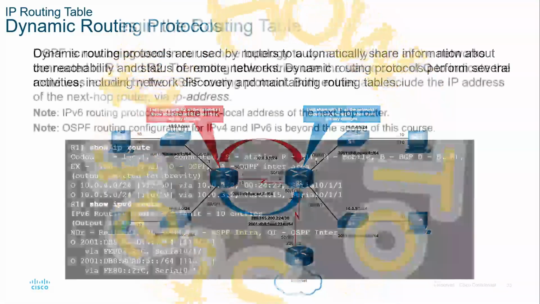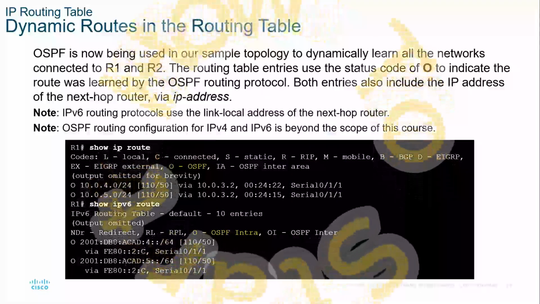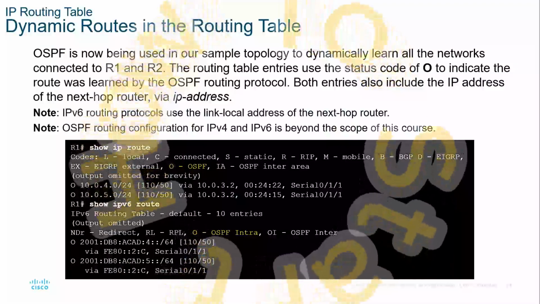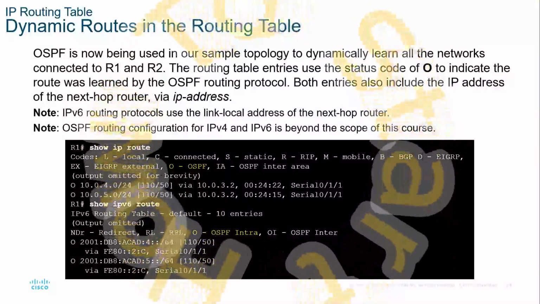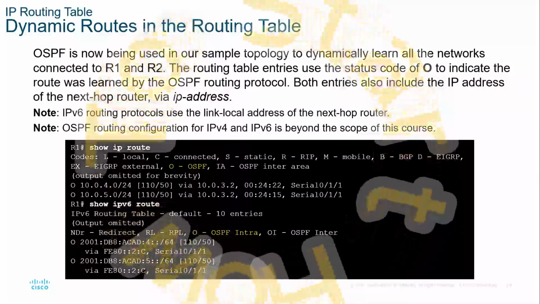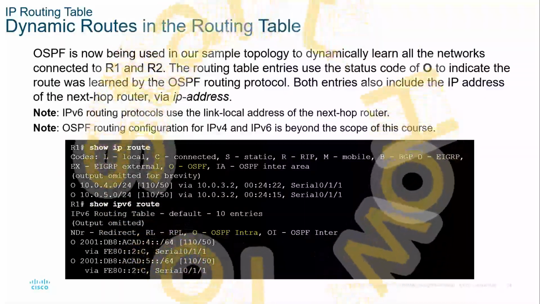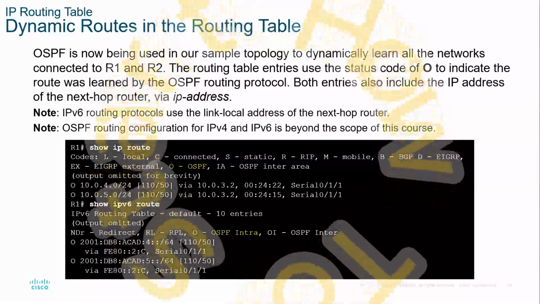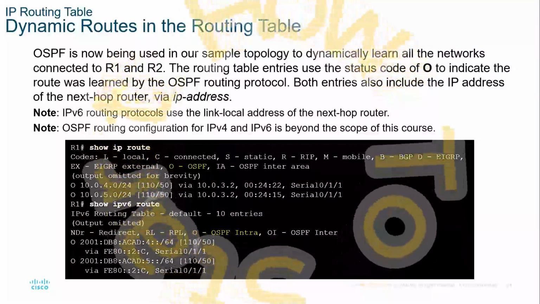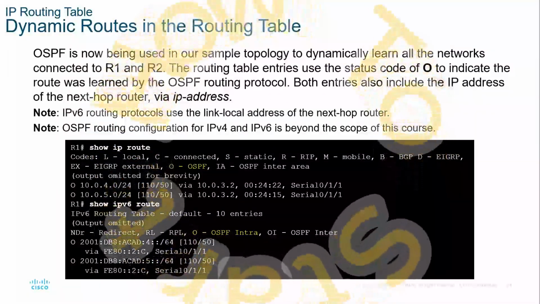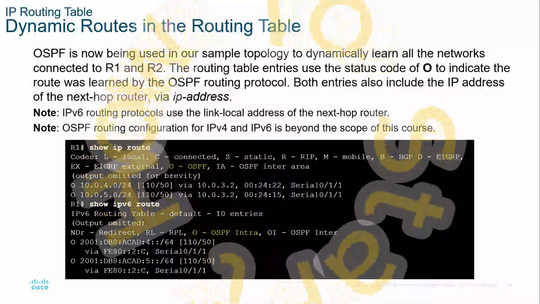As we look at information in the routing table, you'll notice that the route information is learned via O. O is OSPF. So this is how the dynamic routing protocol will set the rules using OSPF to exchange that information.